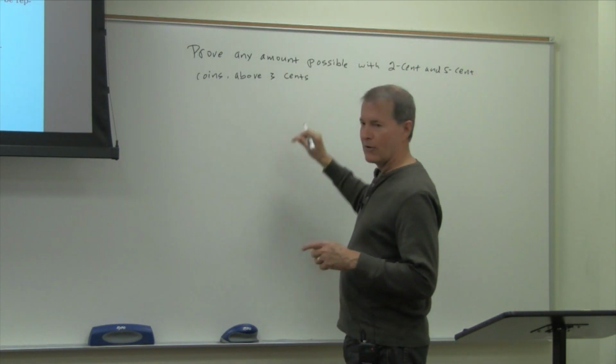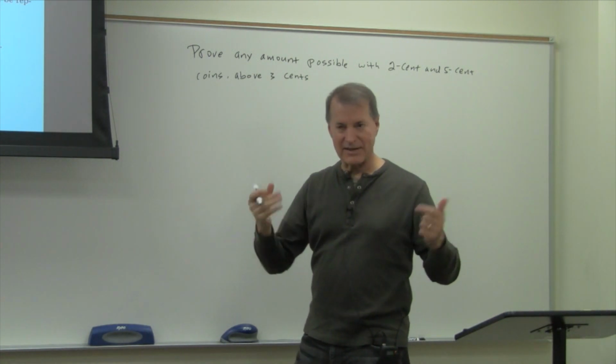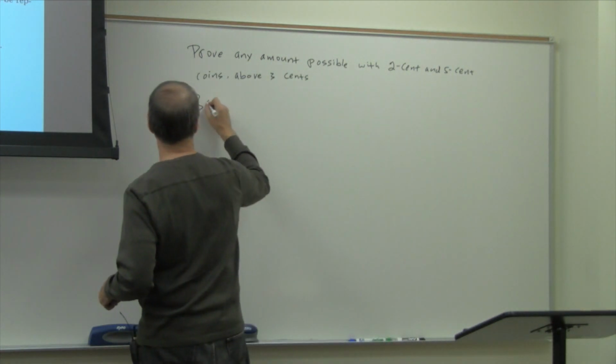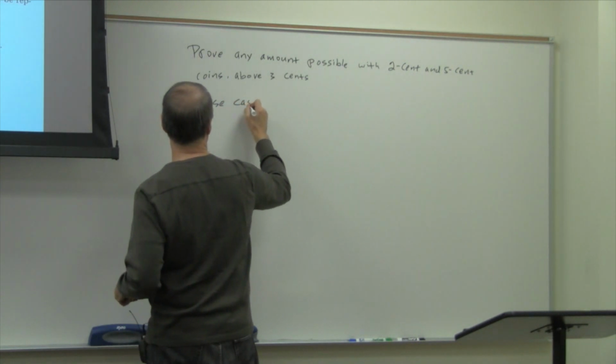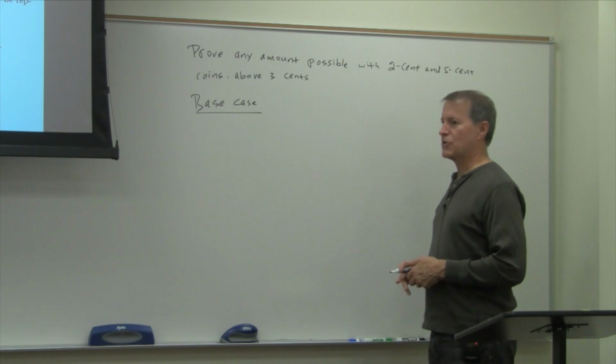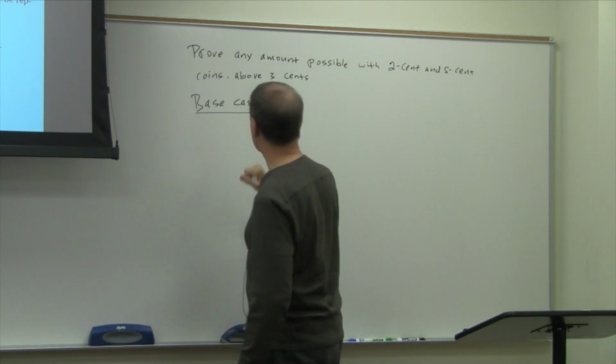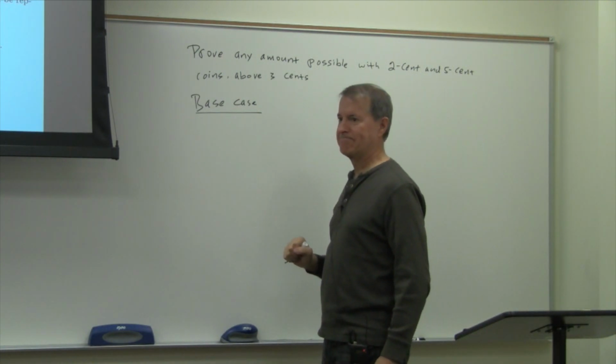All right. So now, how do you always do a proof by mathematical induction? What's the very first step? Base case. Base case, exactly. So what do we have to prove for the base case? Base case is n equals what? 4.